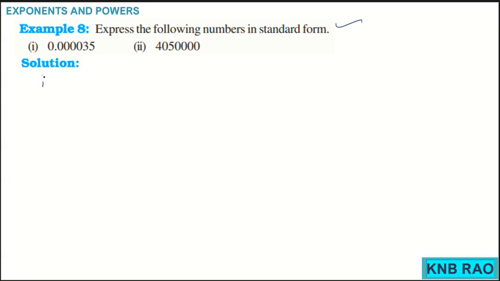So first one, 0.4035. I will shift once, twice, thrice, 4 times, 5 times. So I will write it as 3.5 into 10 to the power minus 5. I have shifted the point to the right 5 times, so I have got minus 5 as the power of 10.